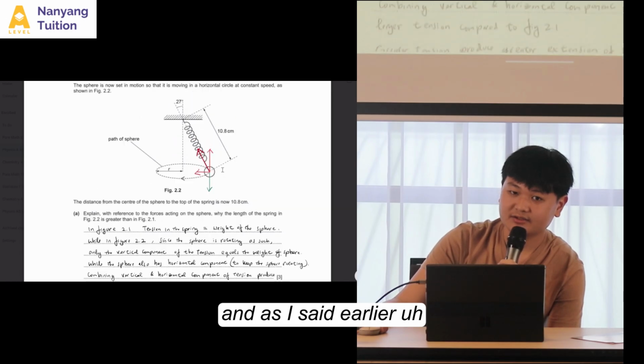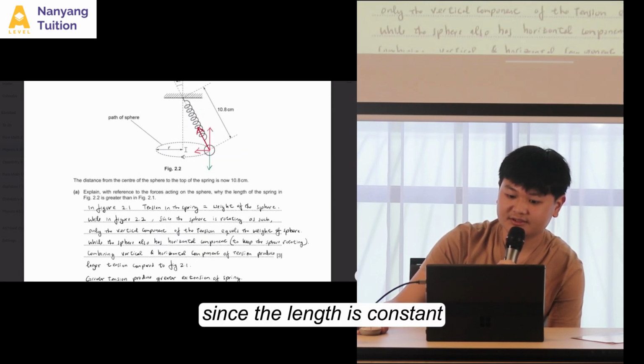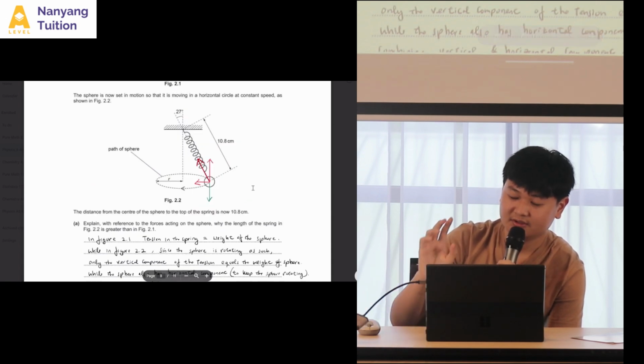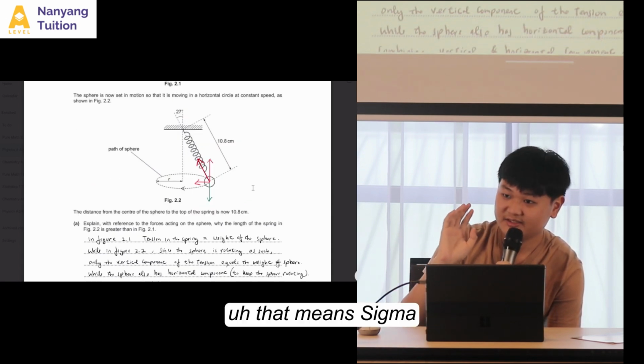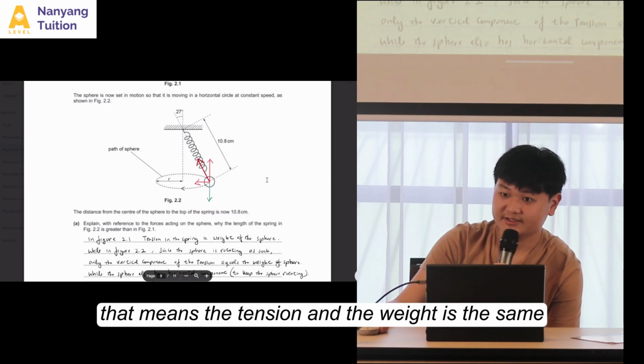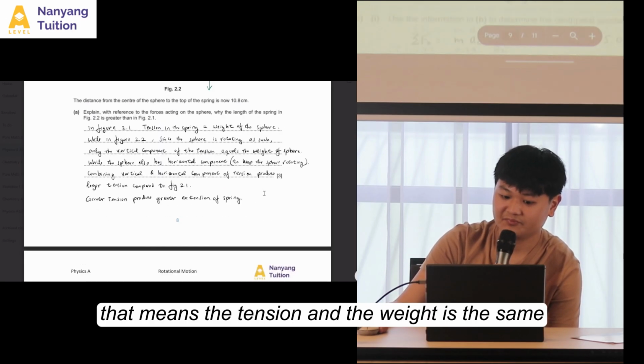And as I said earlier, since the length is constant, that means it's not going up or down. That means sigma Fy is just 0. If sigma Fy is 0, that means the tension and the weight are the same.